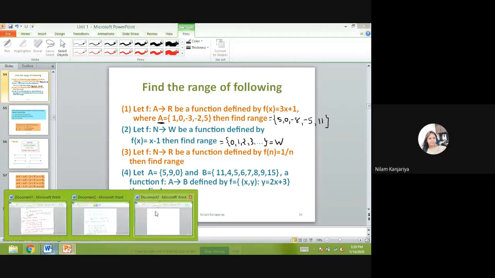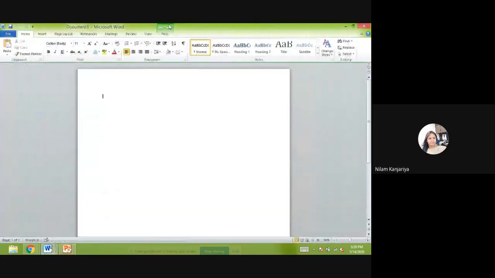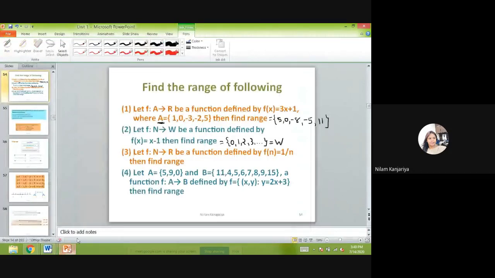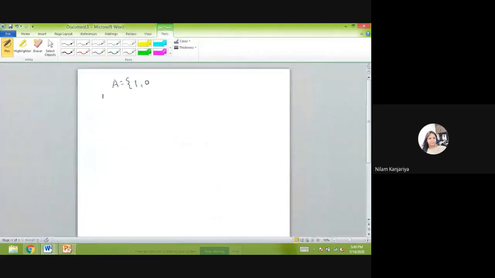Look at what is the set A. Set A has 1, 0, minus 2, minus 3, and 5.